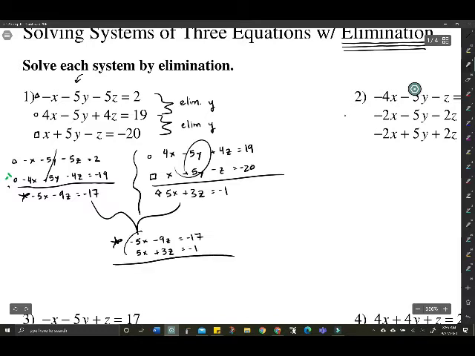Boom. X is already set to cancel. How nice is that? That's going to be -6z equals -18, and then divide by -6, meaning z is equal to 3.